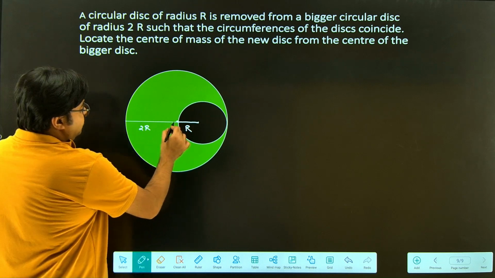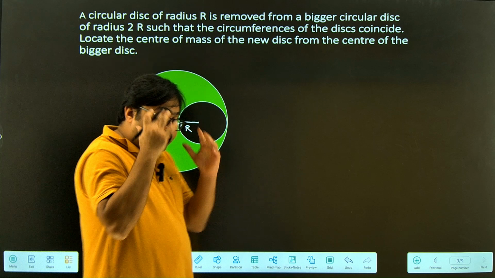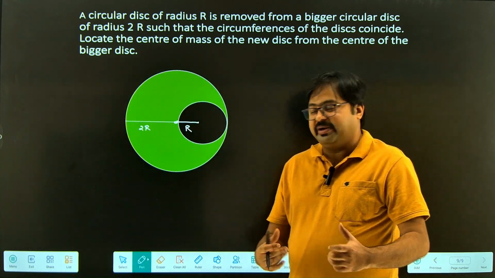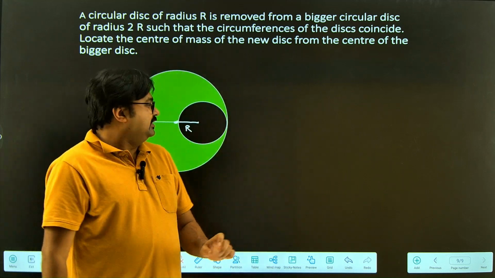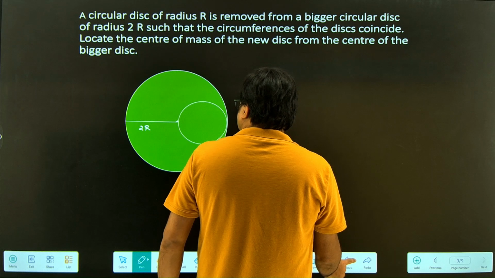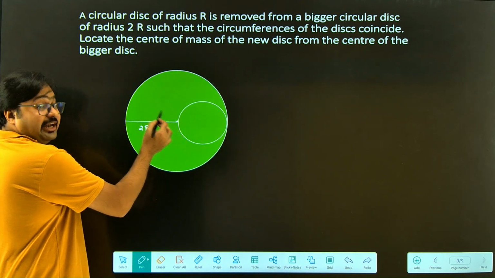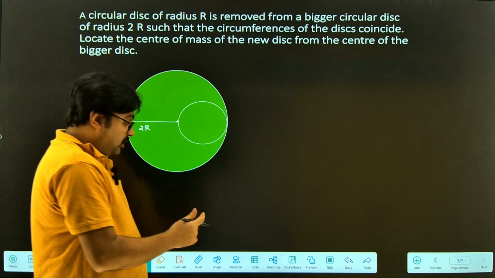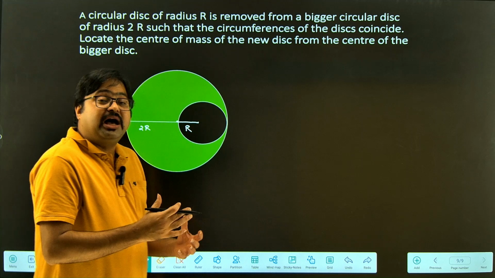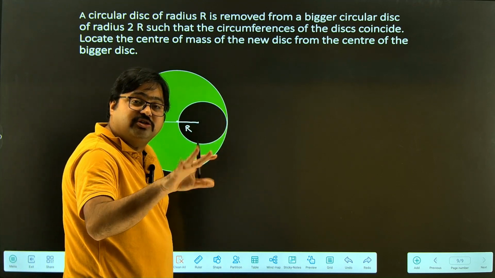So from the center of the bigger disk, which is here, you need to find the location of the center of mass. So let's try to figure out where the center of mass of the bigger disk could be when this mass wasn't removed. When this wasn't removed, you see the center of mass of this disk was exactly here at the center. But when you remove it, the mass of the disk comes down. At this place, the distribution of mass is gone.